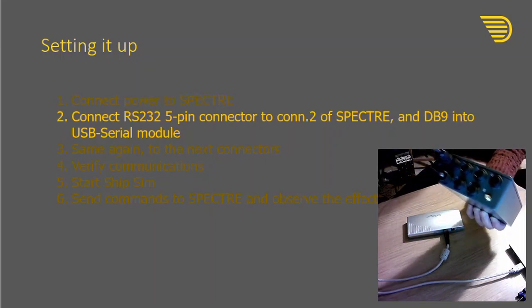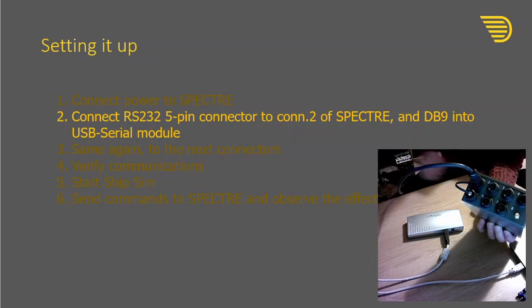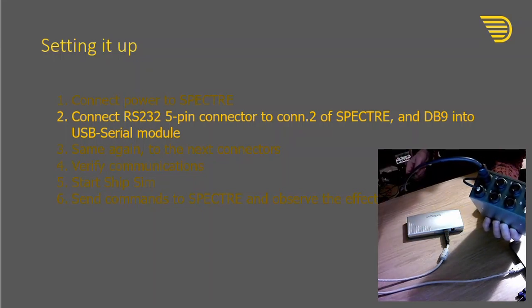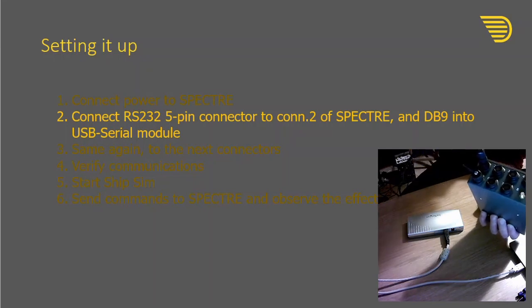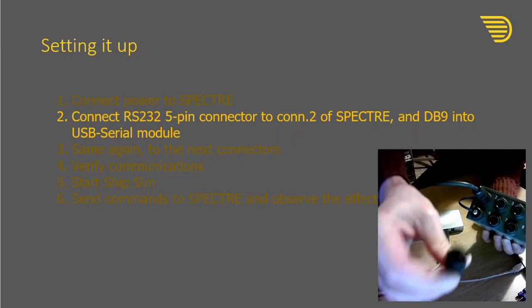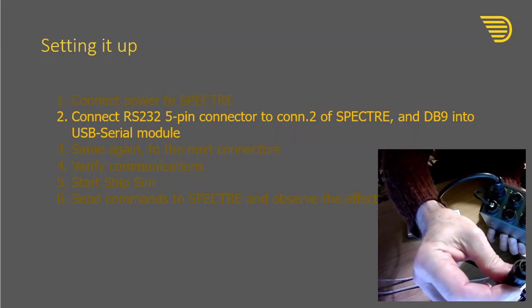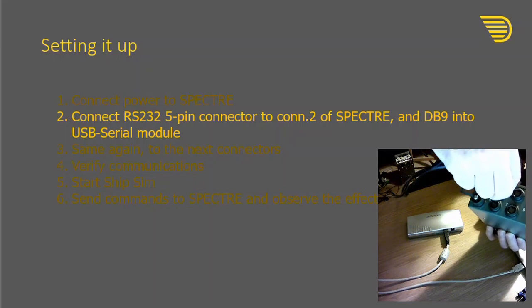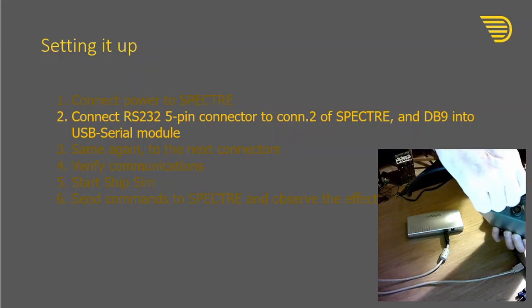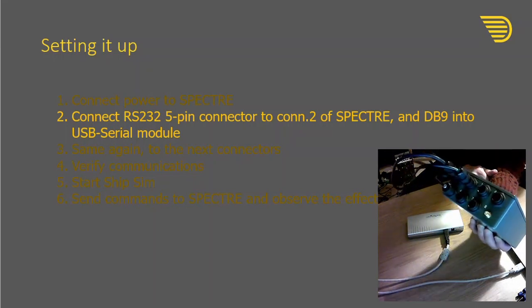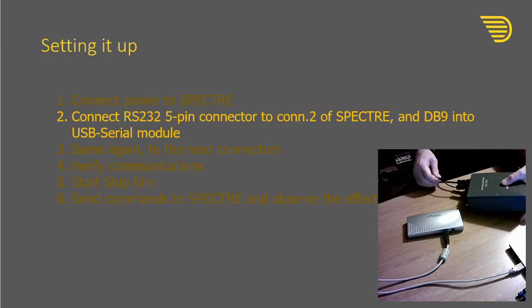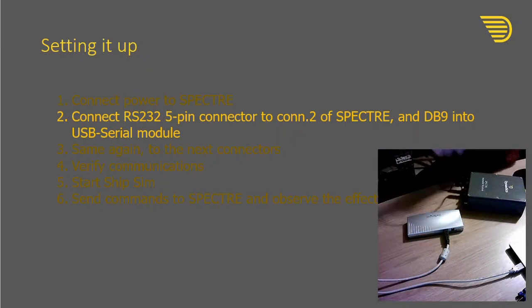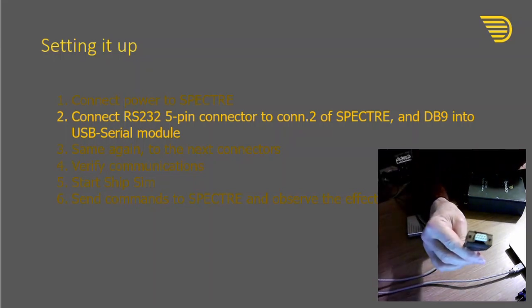Next, connect up the RS232 5-pin connector to COM 2 of Spectre, and the DB9 into the USB serial module. So here is the 5-pin. Again, there's a little notch at the top, so we put that in there, do it up, that's locked, and we take the other end of that cable, and here is a DB9.